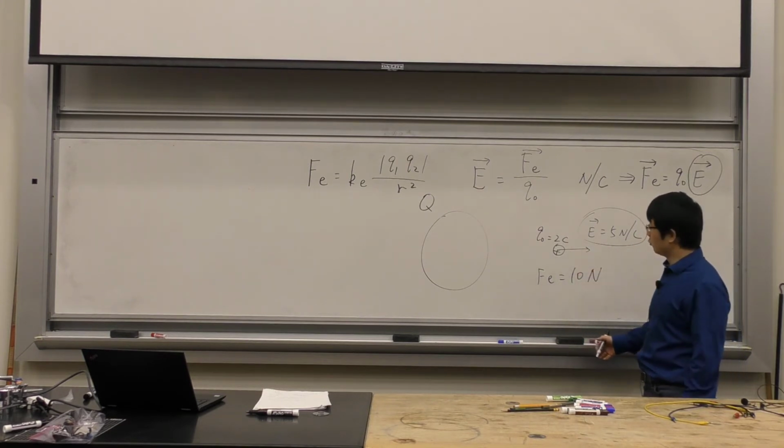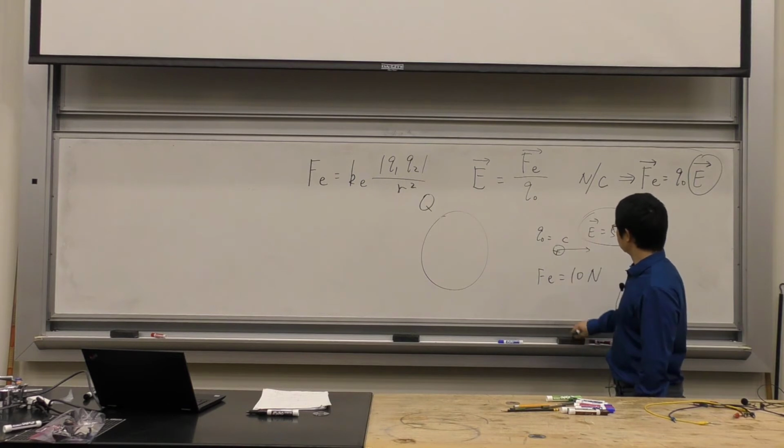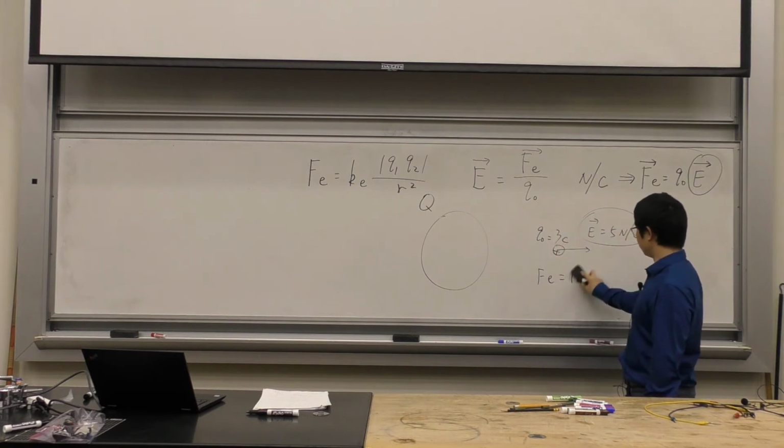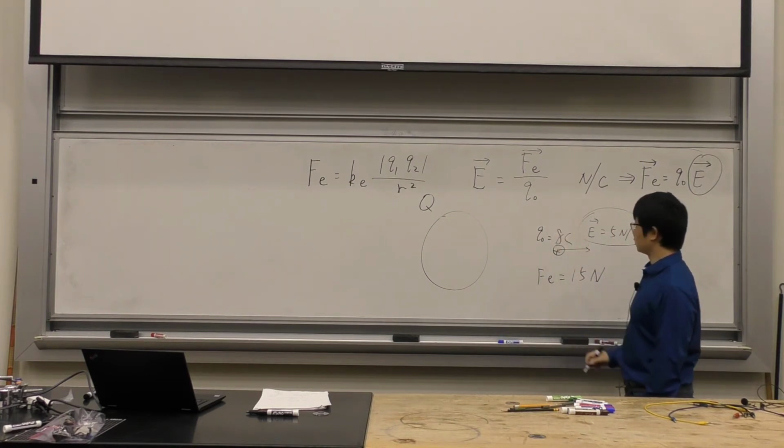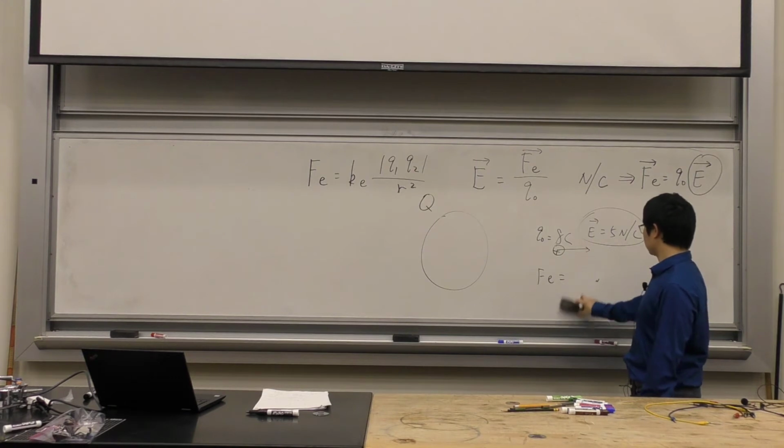What if I bring a 3 coulomb charge here? Multiply them together, 15 newtons. What if I bring an 8 coulomb charge here? Multiply them together, 40 newtons.